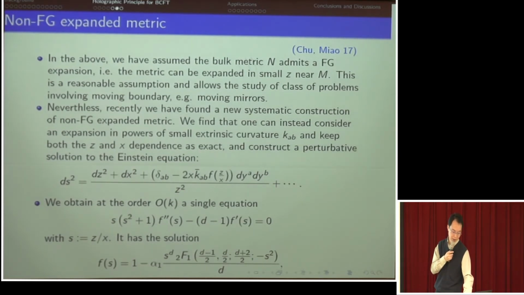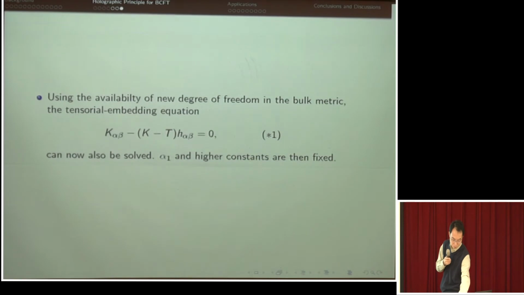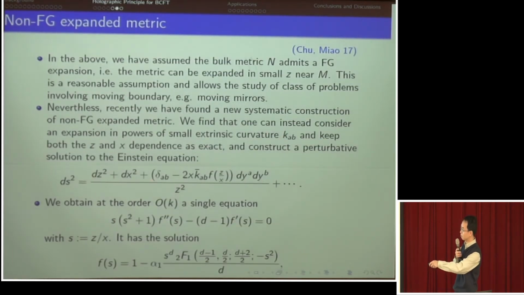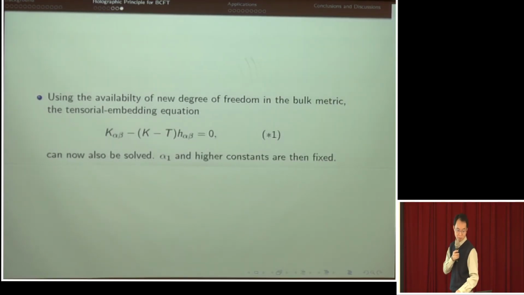I'll just tell you the solution of the bulk metric will be of this form, and the solution has some coefficients which are free now, which are not available in the FG expansion.